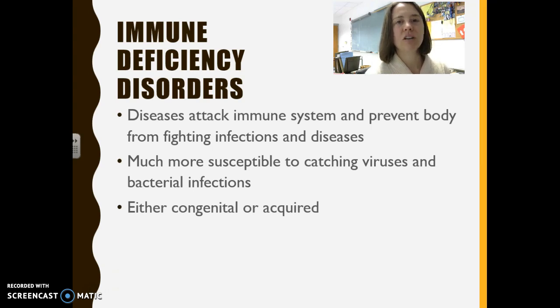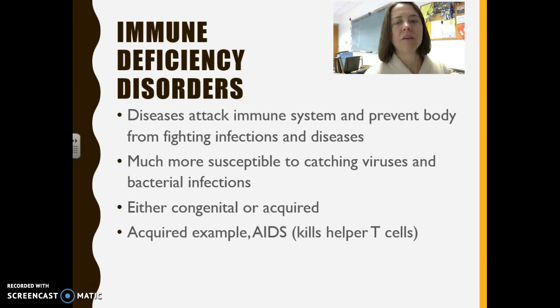They can be congenital, like you were born with it, or acquired. And the most famous acquired example is AIDS, acquired immunodeficiency syndrome, and this is where the AIDS virus kills helper T cells, and we know that helper T cells are important in fighting off infections and letting other cells know that they need to start making antibodies and fighting off the infection.